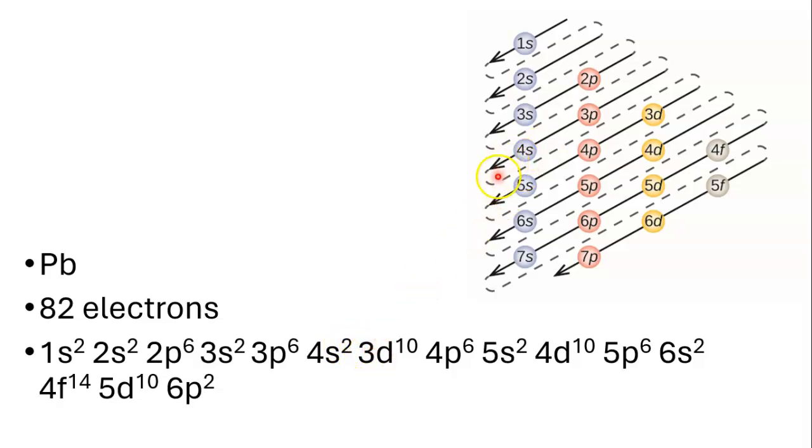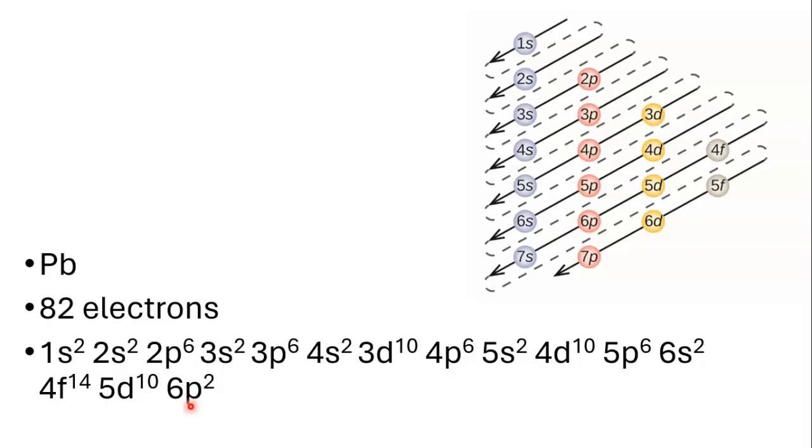So here we go from 4s to 3d, so this is 3d10, then we go to 4p6 and 5s2, then we have 4d10, 5p6, 6s2. So again, this gives you an idea that things aren't necessarily filling according to energy level. It's slightly different. So 6s2, and then from here you go all the way up to 4f14, 5d10, and then 6p2.